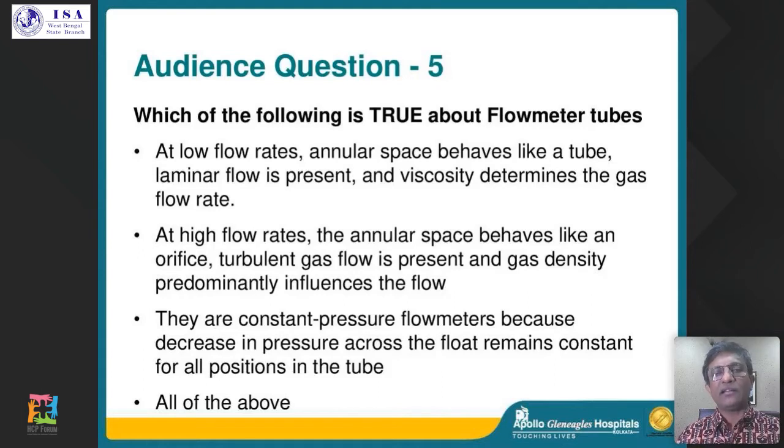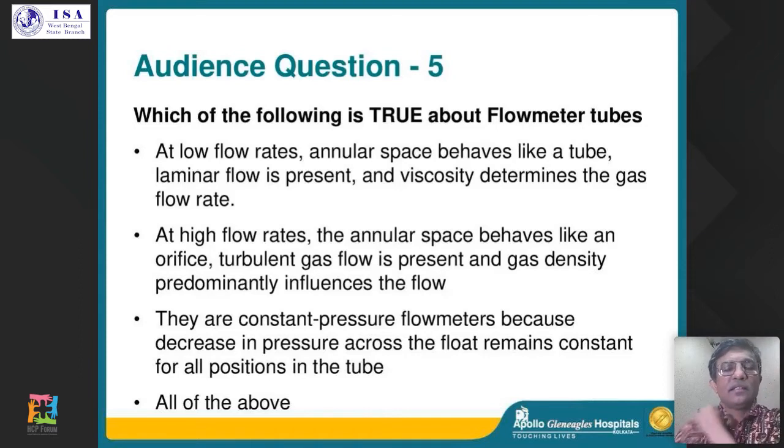The flow is then turbulent and the gas density predominantly influences flow. About flowmeters, they are constant pressure flowmeters because the decrease in pressure across the float remains constant for all positions in the tube. Or is it all of the above?